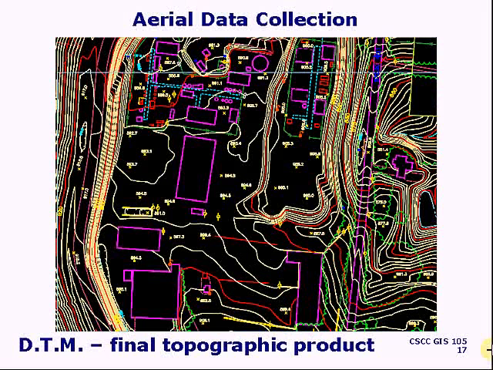Final product, if we were to take and combine the planimetric data with some sort of visualization of the topographic data, we've got a final product. In this case, a topographic map, and this is where we would finally take this, convert it to some sort of a vector graphic format.